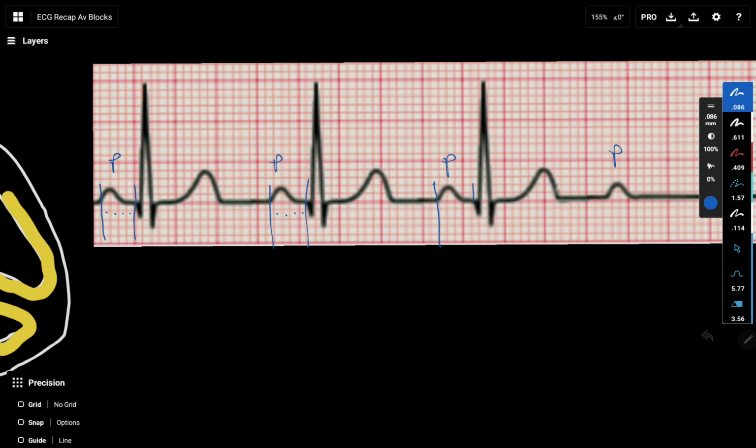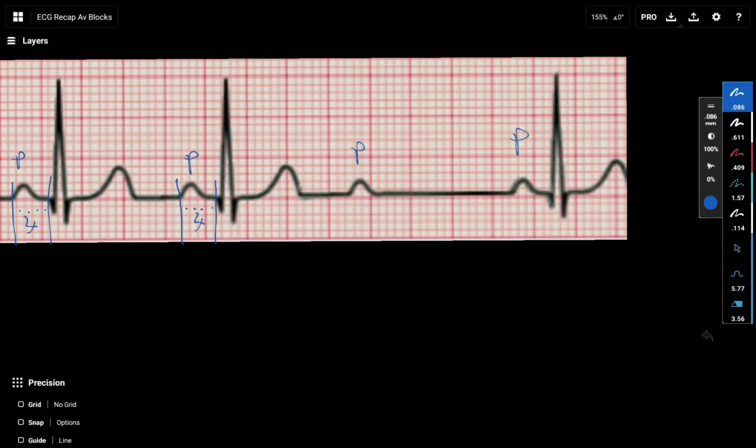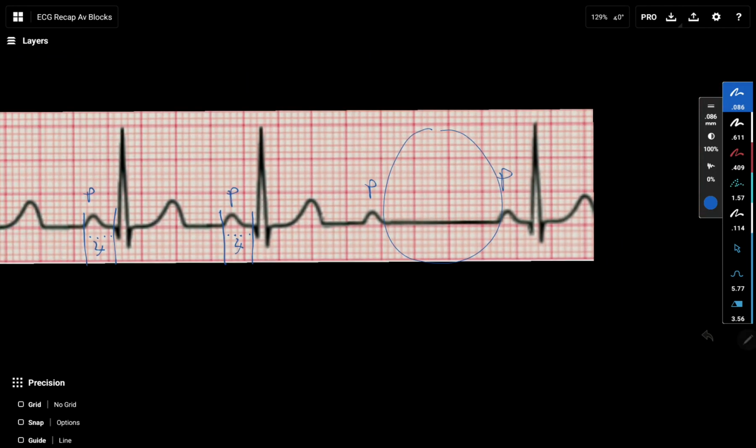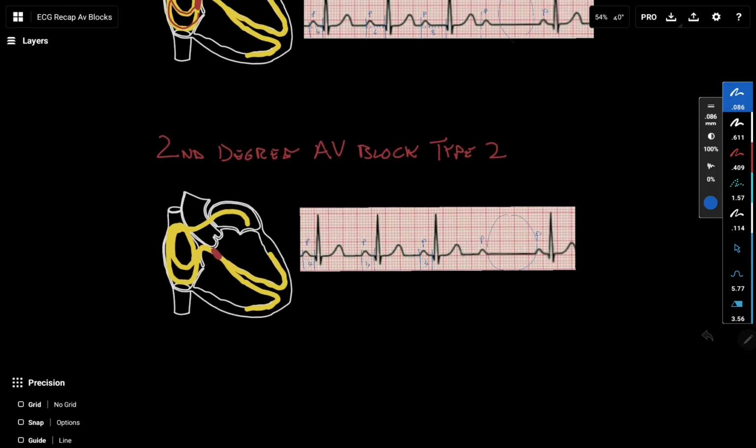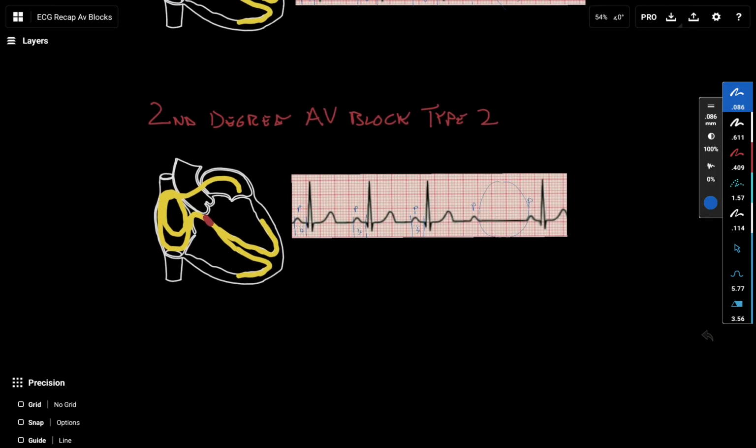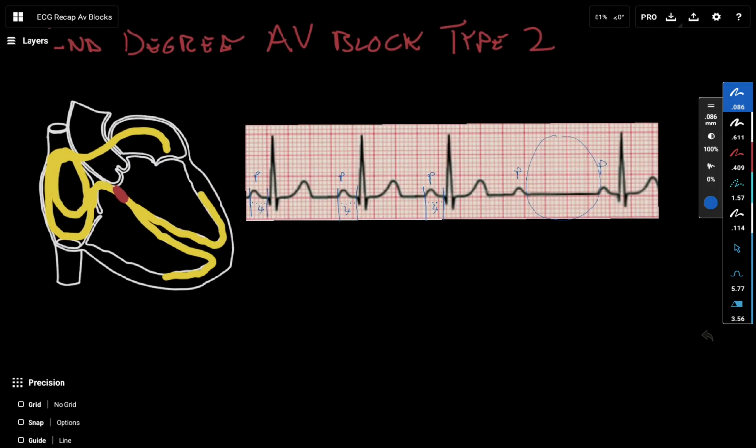And go on here and here: 1, 2, 3, 4. So this is actually pretty accurate. So that is a constant distance, a constant PR interval until my beat is dropped. And this is my second degree AV block type 2, or Mobitz 2.